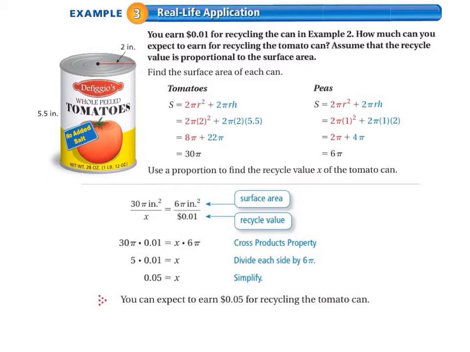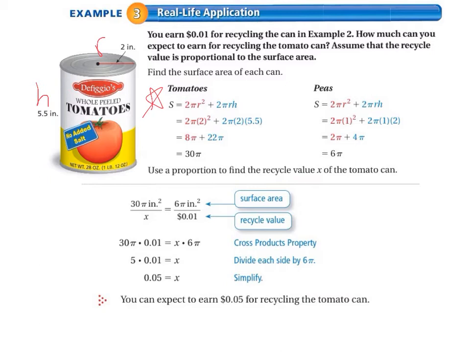Now let's find the surface area of the tomato can. And that's going to be over here on the left side. So we have S equals 2 pi r squared plus 2 pi r h. Let's label. There's my radius, and here's my height.